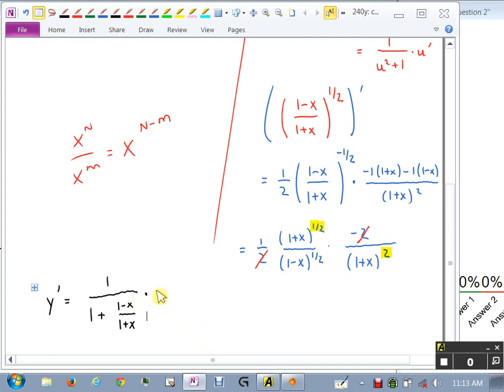Times what? So what was over here? Negative 1 on top, right? Negative 1 on top, and then what was still on the bottom? Okay, 1 minus x to the positive 1/2, and then we also had 1 plus x to the 3/2.